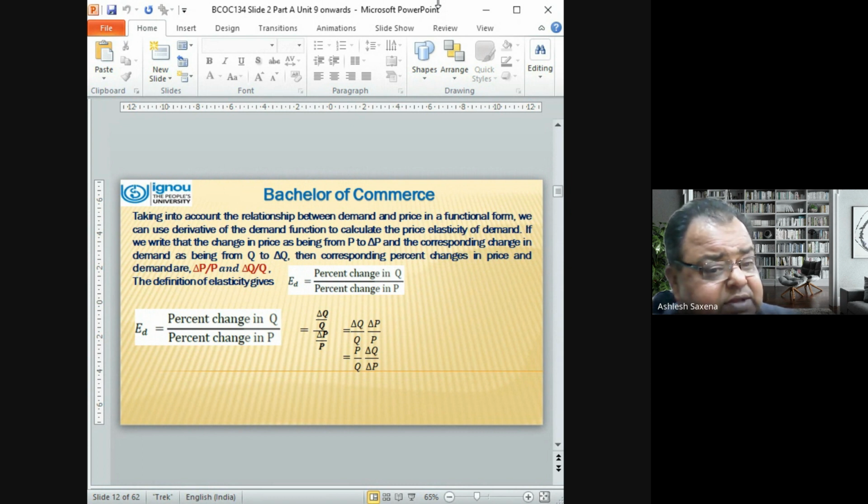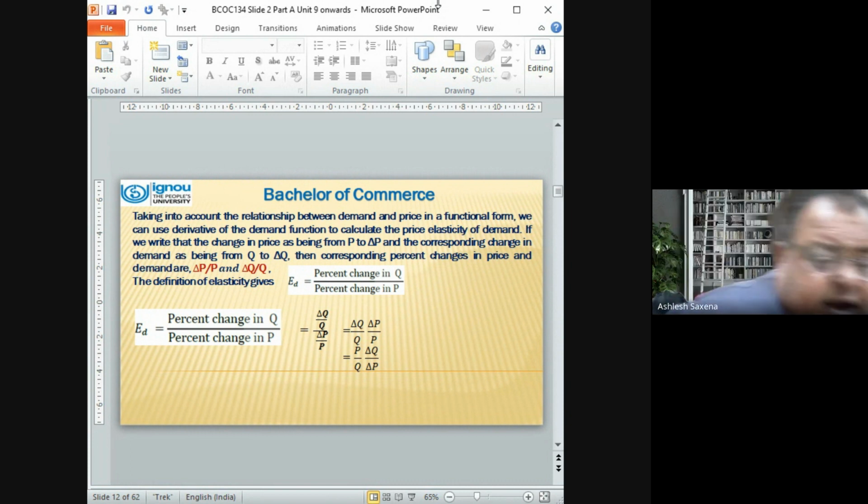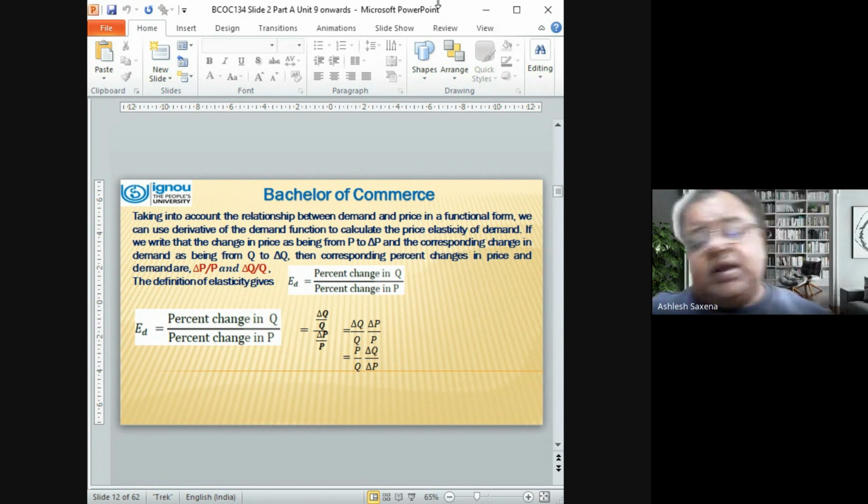Now the thing is how this percentage change in Q can be measured. That is delta Q upon Q divided by delta P upon P. When we reform them, it becomes P delta Q upon Q delta P. This is the term relationship.